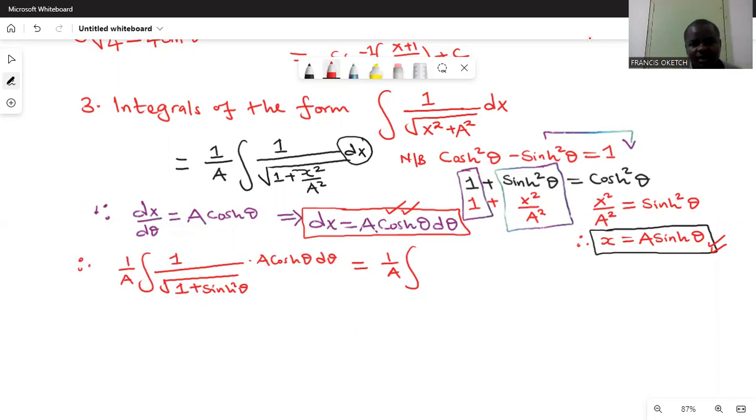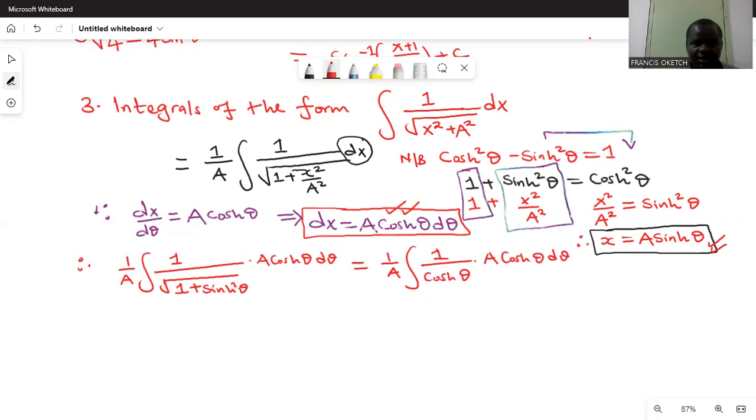So we now have 1 over cosh theta, then times a cosh theta d theta.